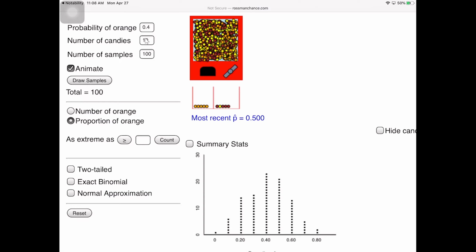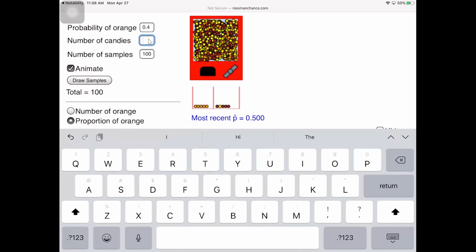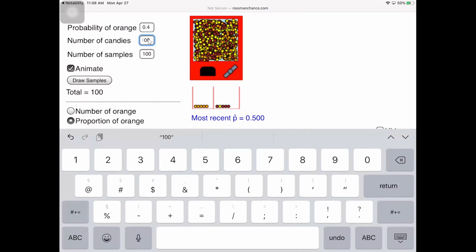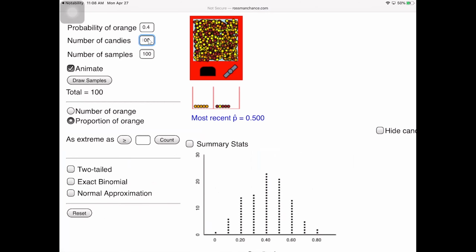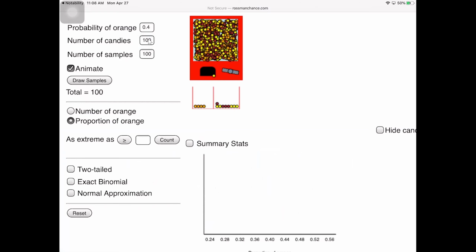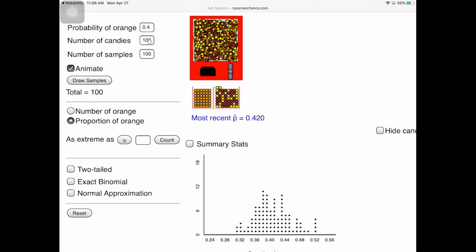But let's go crazy and change the number of candy from 10 to 100. So we'll do draw sample. We're going to do this 100 times. All right.